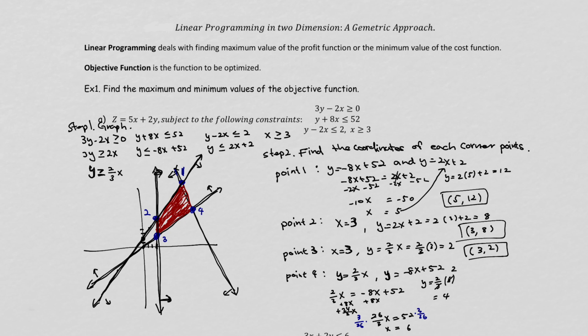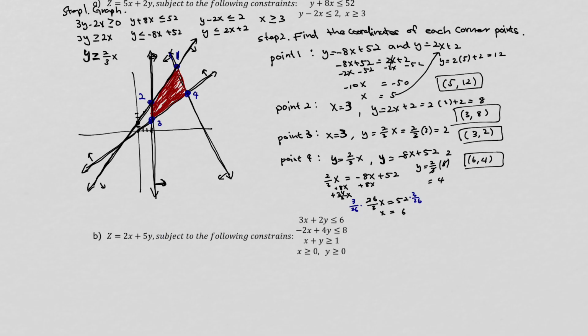So the fourth point will have 6 and 4 as the coordinates. Now, the last one you wanted to do, step 3, is trying to plug in all these 4 points into our equations and see which one gives you the minimum and which one gives you the maximum.